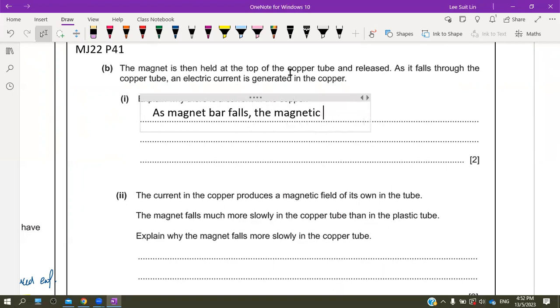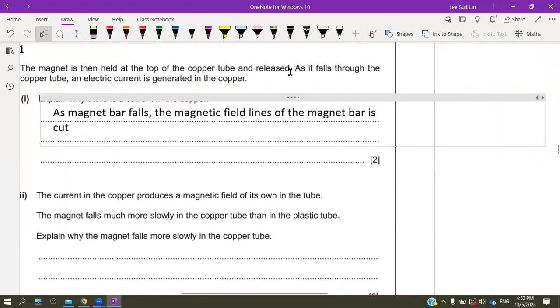the magnetic field lines of the magnet bar are cut by the copper tube. Since copper tube is a conductor, plastic tube also got cut field lines, but plastic tube is like, sorry bro, I got no electron to move for you, so there's no current, no free moving electron.